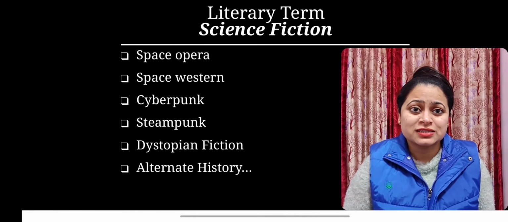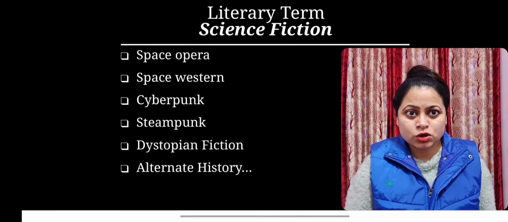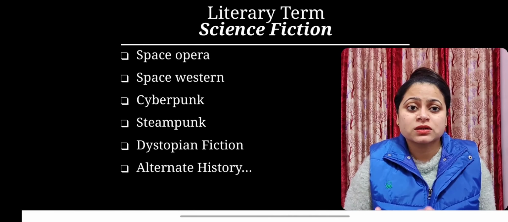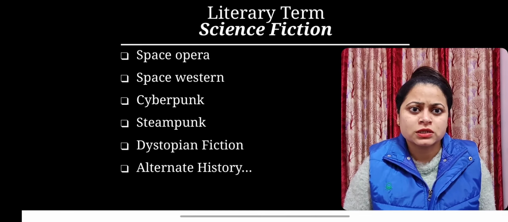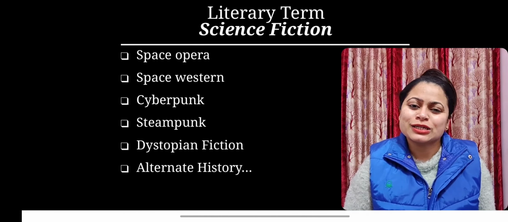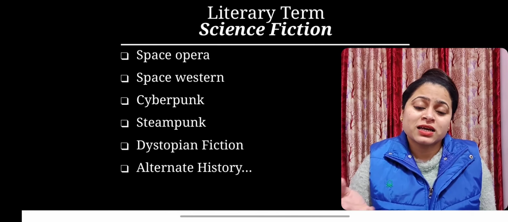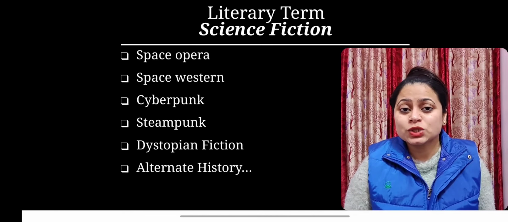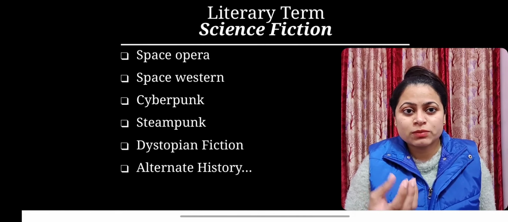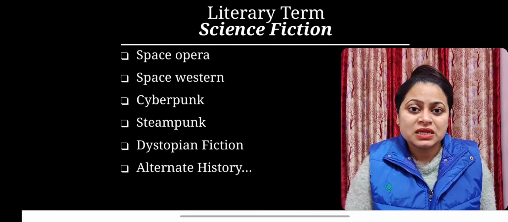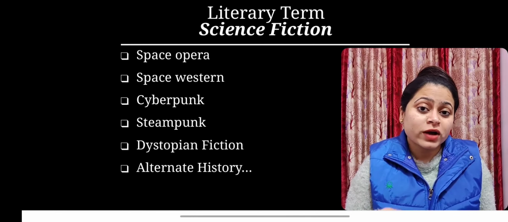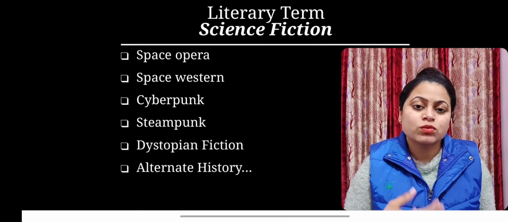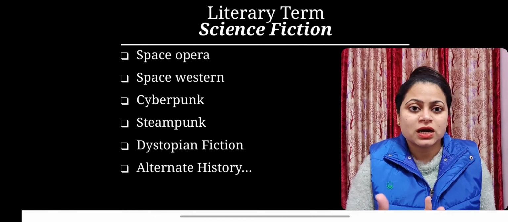You can see space opera, space western, cyberpunk, steampunk, dystopian fiction, alternate history, and so on. There are many, and I would like to encourage you to read about these specific terms, what they mean, and also find out some more genres which are not added here.